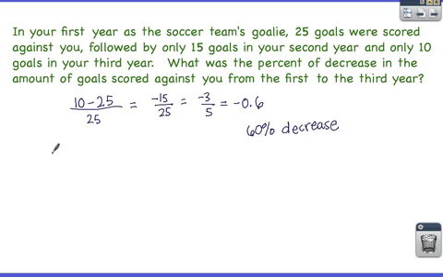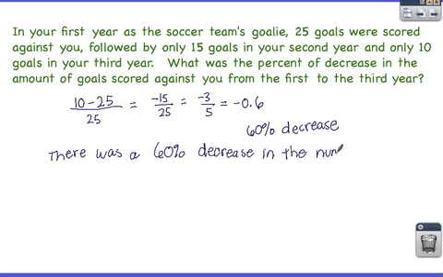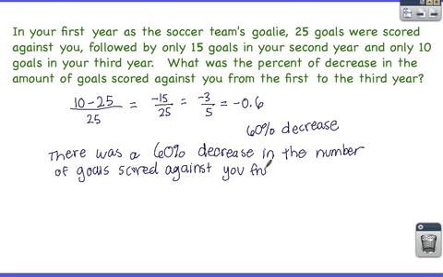And our sentence would be, there was a 60% decrease in the number of goals scored against you from the first to the third year.